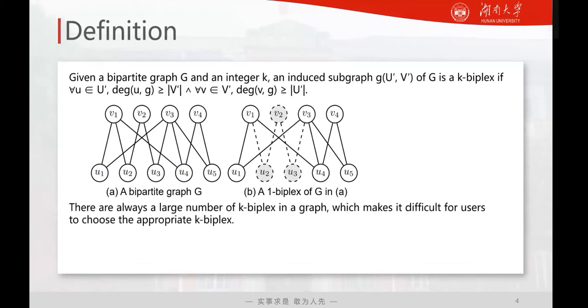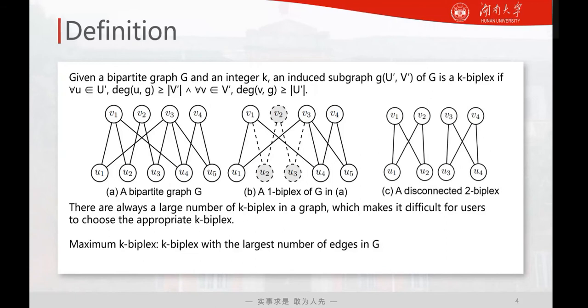There are always a large number of k-biplexes in a graph, which makes it difficult for users to choose the appropriate k-biplex. Thus, we propose the concept of the maximum k-biplex. Among all k-biplexes of G, the one with the largest number of edges is called the maximum k-biplex.